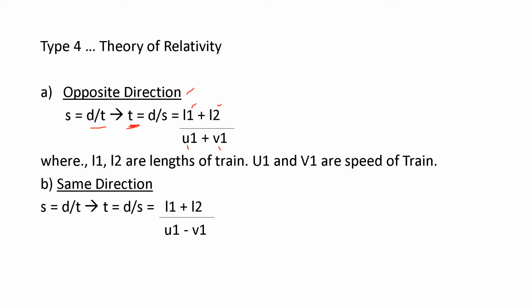Okay. So just imagine two trains, train 1 and train 2, moving in opposite directions. Train 2 is going this side and train 1 is going this side. At the time when they pass, we feel that our train is going at a higher speed compared to the speed which it actually has.